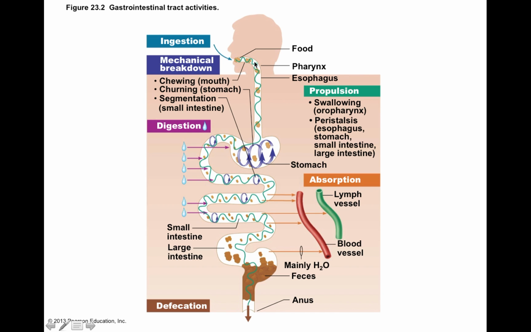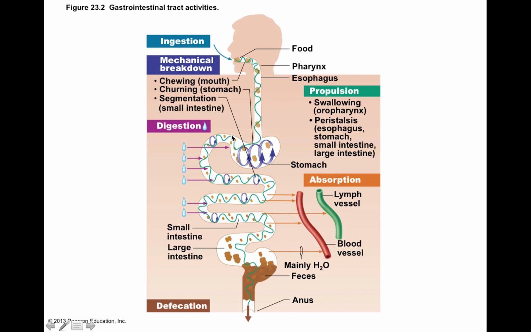Now, swallowing is what we call propulsion. Propulsion is a muscular contraction that moves these digestive contents along the tube. Because if you look at the length of this tube, it's not straight, so you couldn't rely on gravity. You can't just swallow food and hope that because of gravity it's going to get all the way down to your anus.